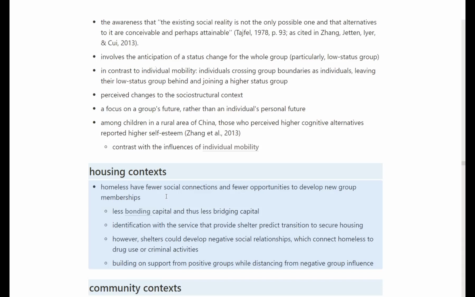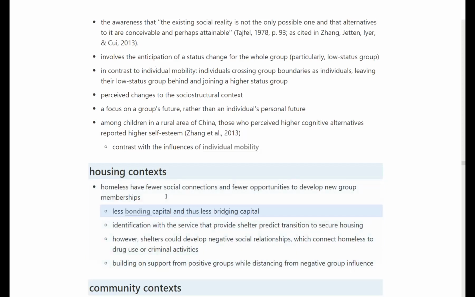Basically, as I have said before, low status people do not have enough material resources to belong to more groups. When you meet friends or go out with your friends, you literally need money, right? And of course, homeless people do not have money to spend on leisure activities. And thus, they cannot really have or maintain social connections, and they do not have enough opportunities to develop new group membership.